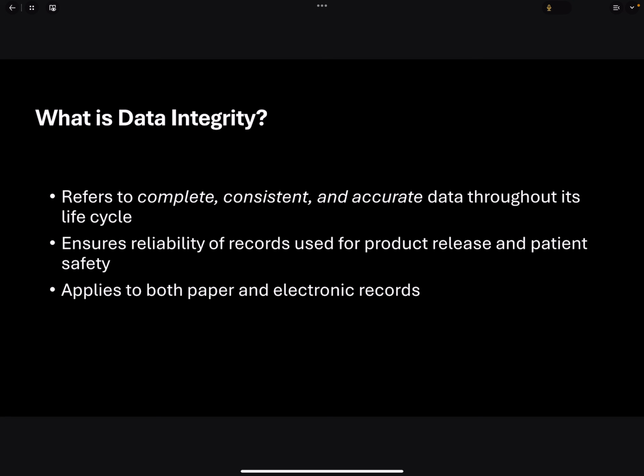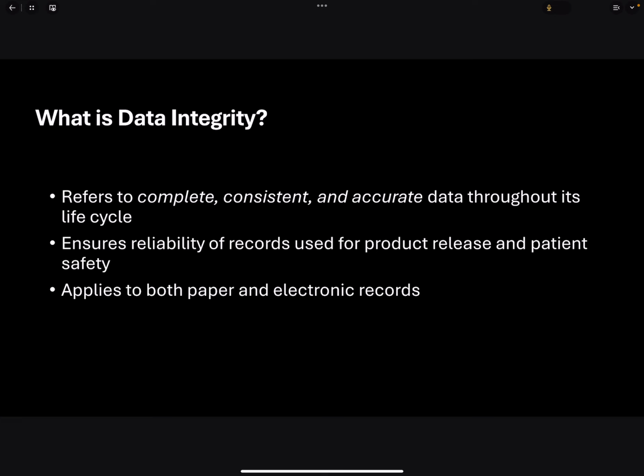So first, what exactly is data integrity? In simple terms, it means that the data you record must be complete, consistent, and accurate. Every piece of data, whether it's a batch record, test result, or logbook entry, needs to be trustworthy.